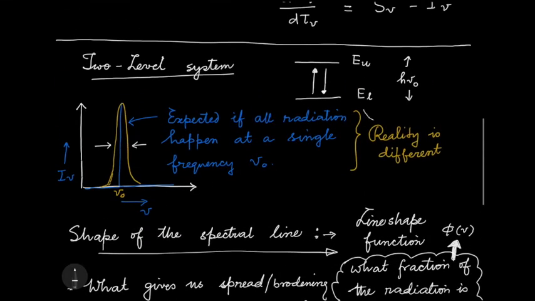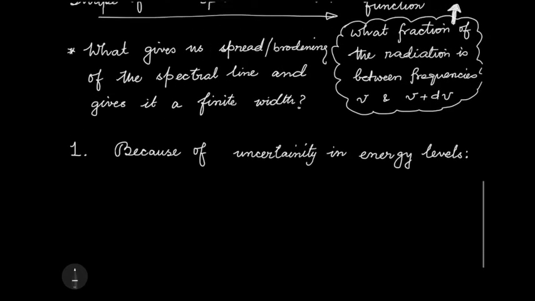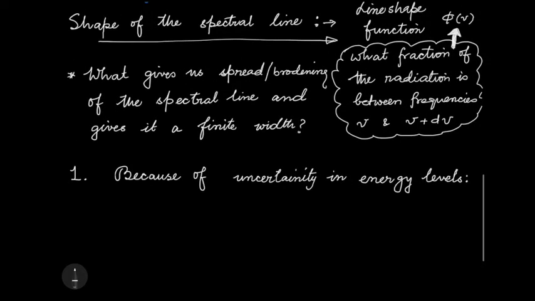Every energy level that you think of is not actually exactly one energy level which has an energy E_L. Every energy level actually has a spread around it, and because of that spread, the transition frequency will also have a spread around it. This is just coming because of the uncertainty principle. It happens for each single atom.